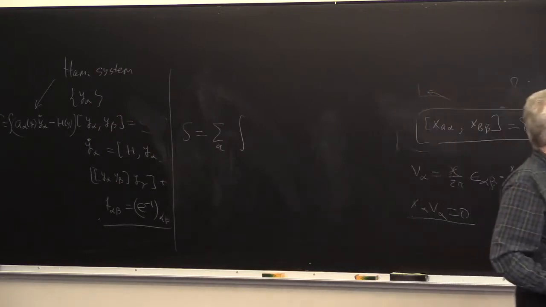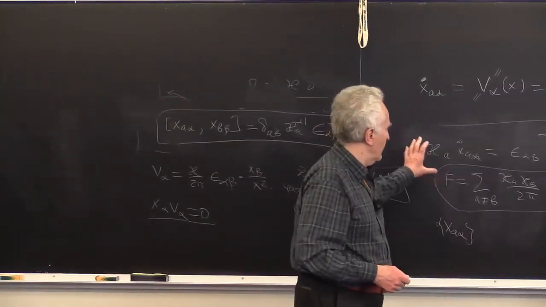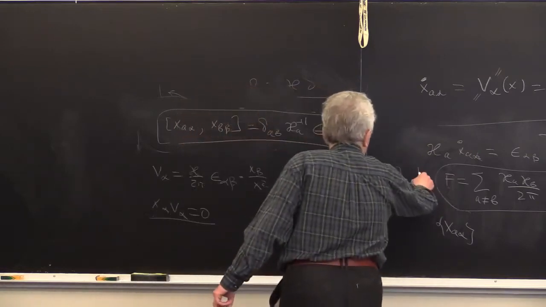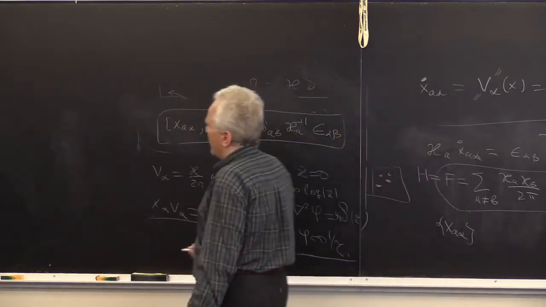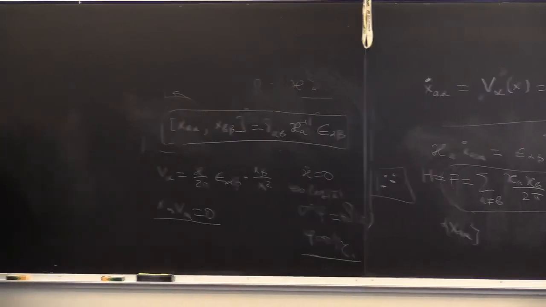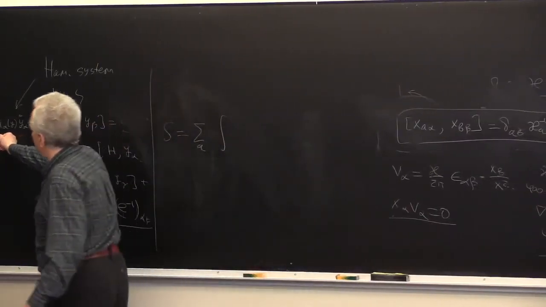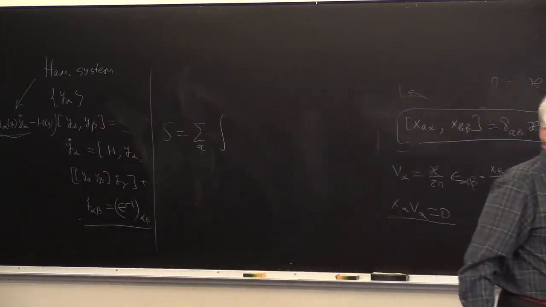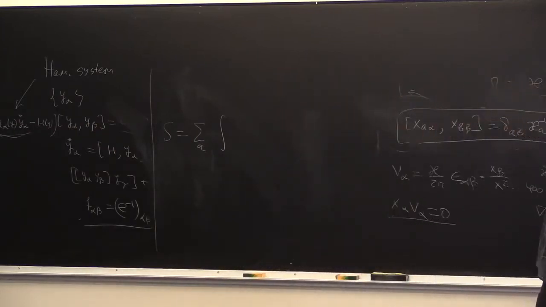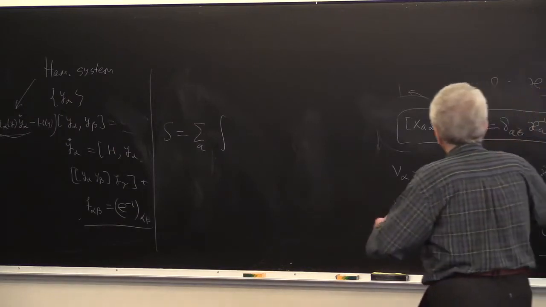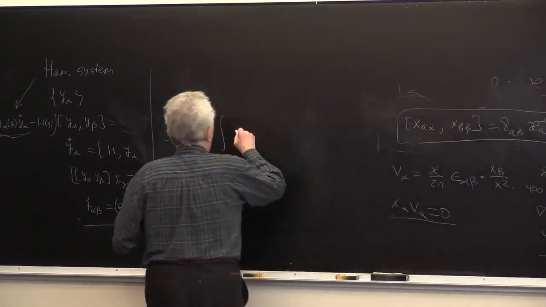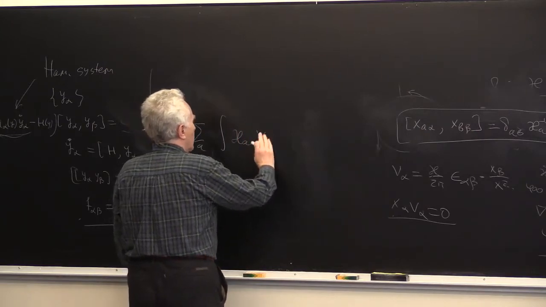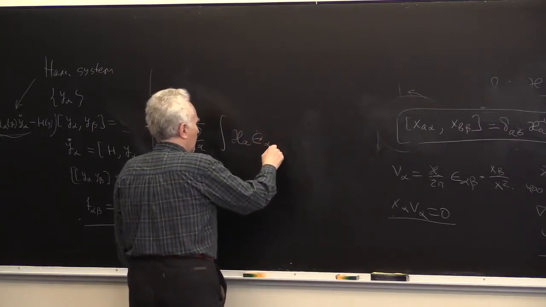The action, of course, will contain this term, where f is now the Hamiltonian, and so y's are now x. The only question is, what is this term? Is it kappa sub A? Yes, it's kappa sub A, of course, but it also has epsilon alpha beta.